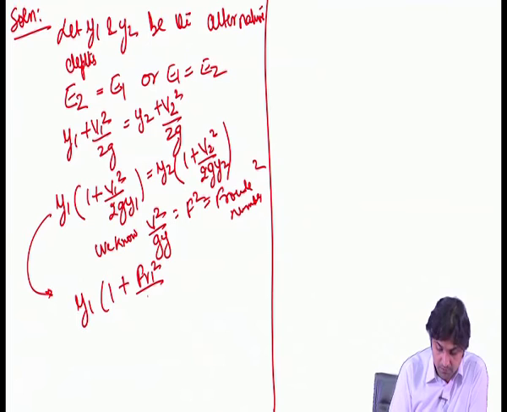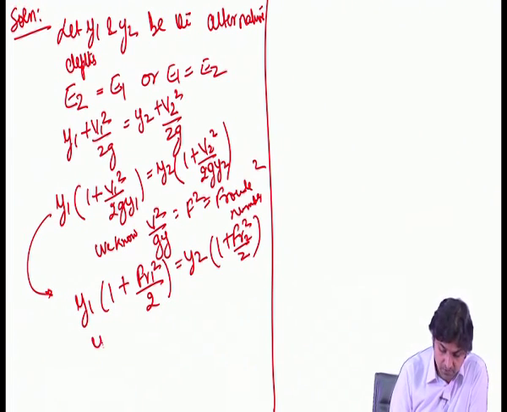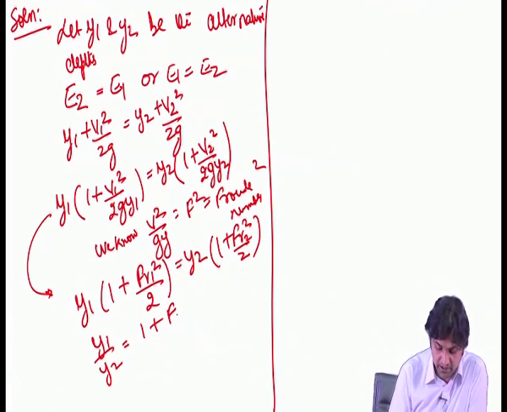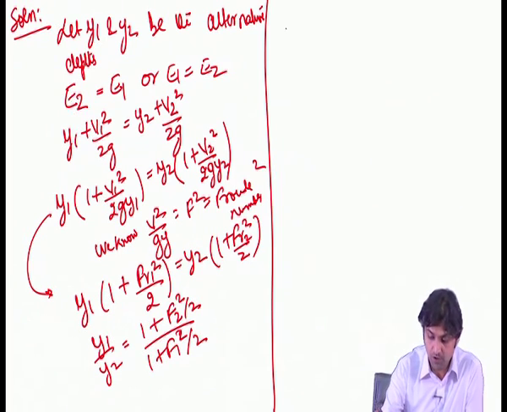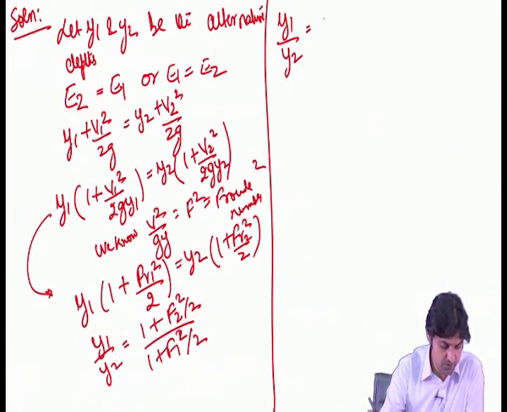So basically y1 by y2 can be written as 1 plus F2 square by 2 divided by 1 plus F1 square by 2, or y1 by y2 is equal to 2 plus F2 whole square divided by 2 plus F1 whole square. All right.